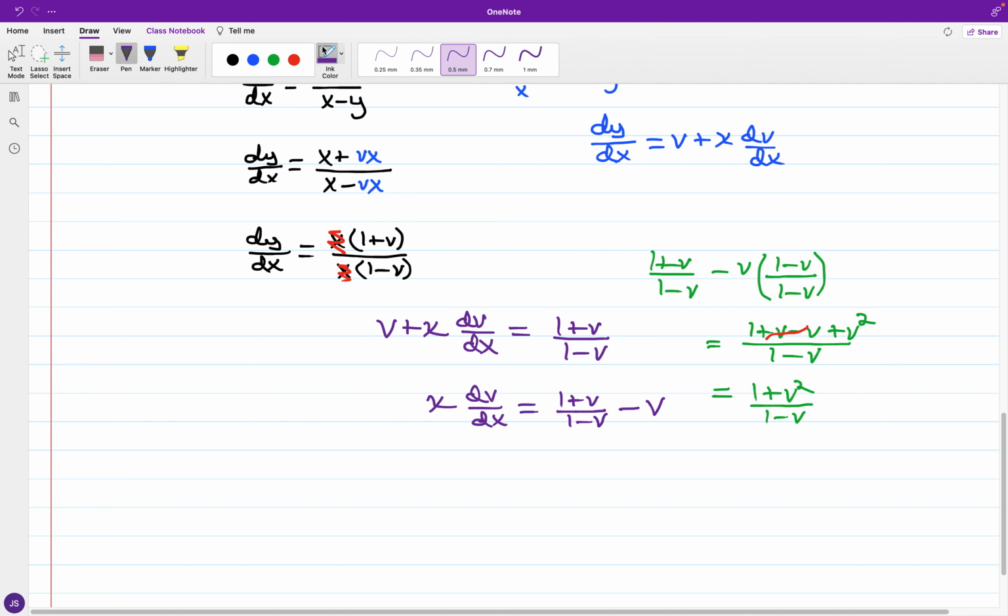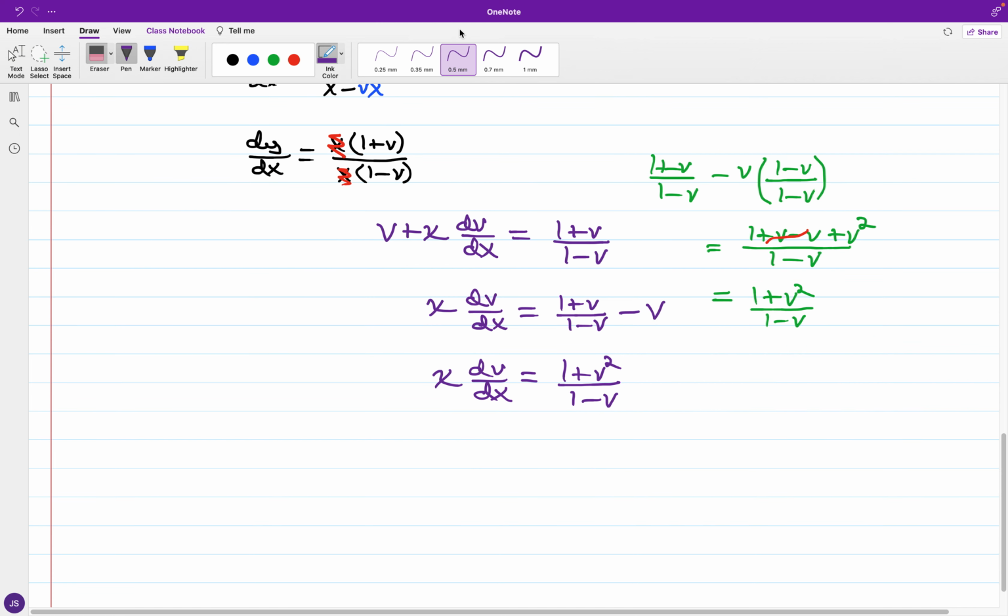So for what we have, again, is x dv over dx is equal to 1 plus v squared all over 1 minus v.